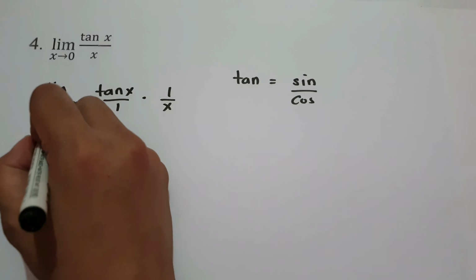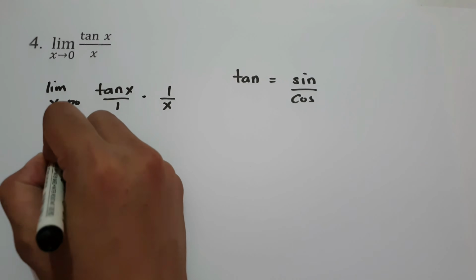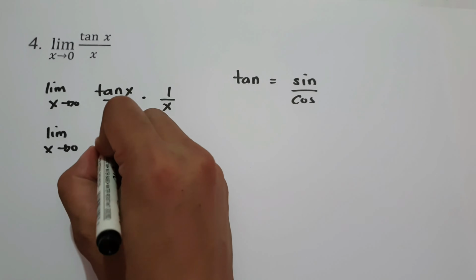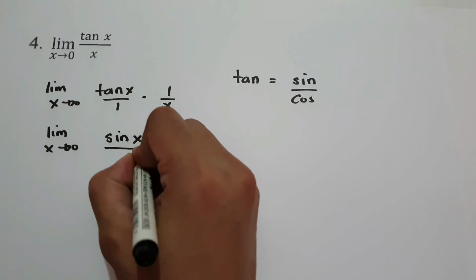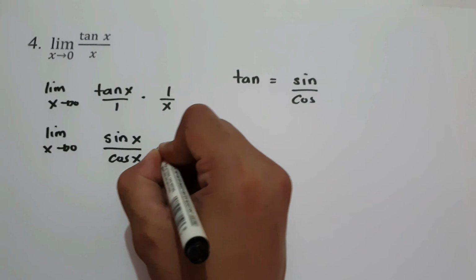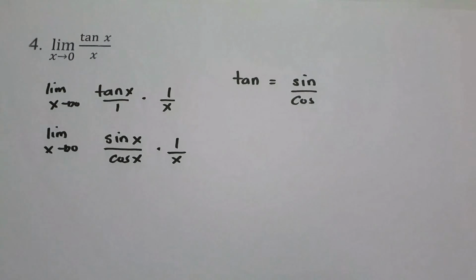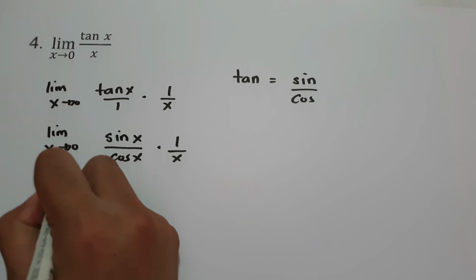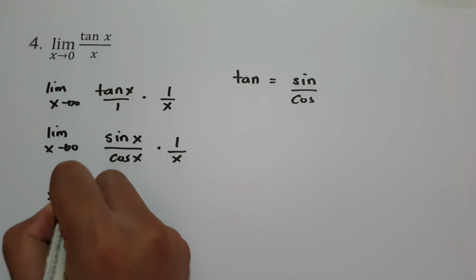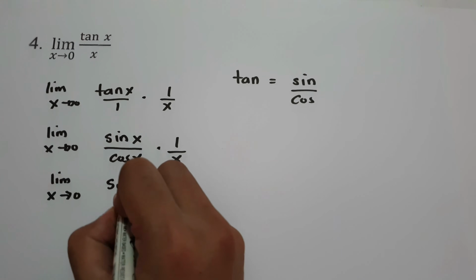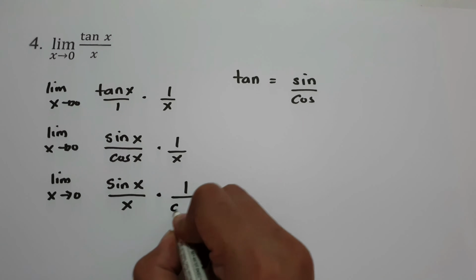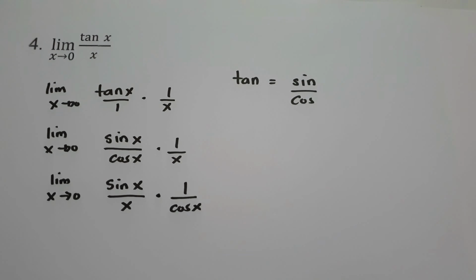So let's have the limit as x approaches 0 of sine x over cosine x multiplied by 1 over x. And then the limit as x approaches 0 of sine x over x times 1 over cosine x.